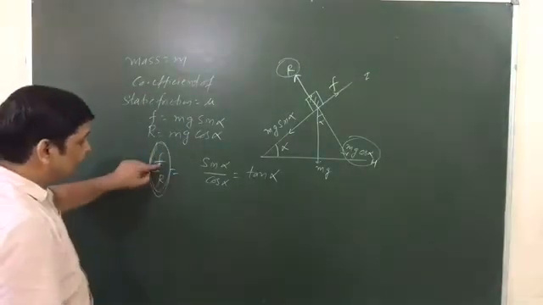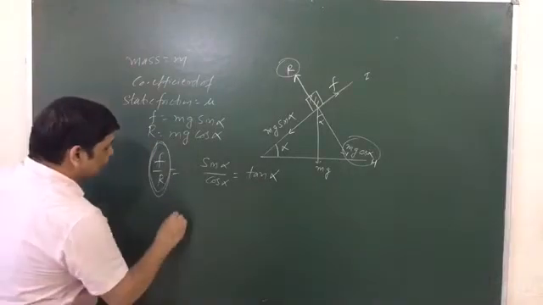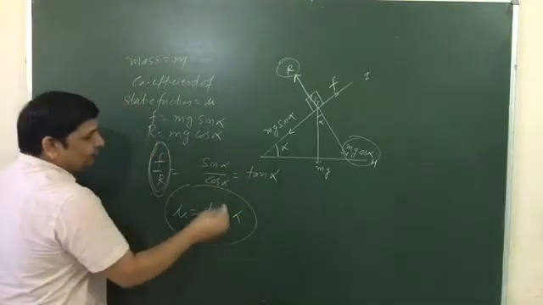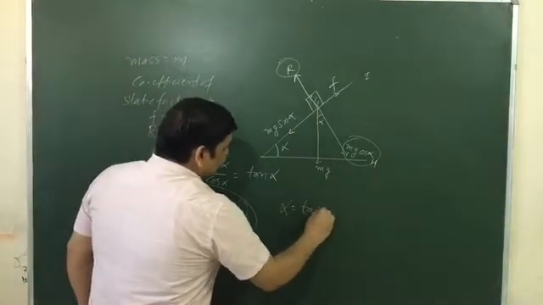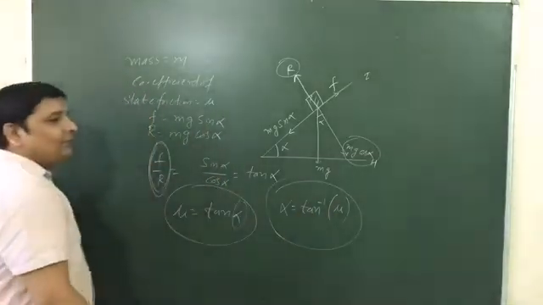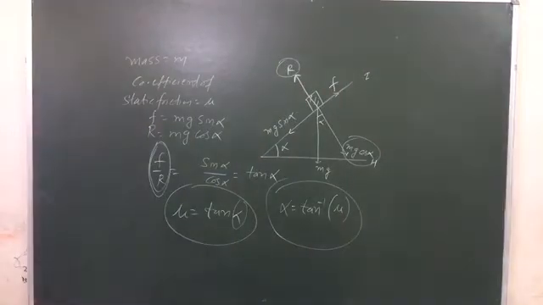Therefore, frictional force upon normal reaction is replaced by mu, so mu equals tan alpha. We have to find angle alpha. Therefore, alpha will be equal to tan inverse of mu. Therefore, we can find the maximum angle of inclination.